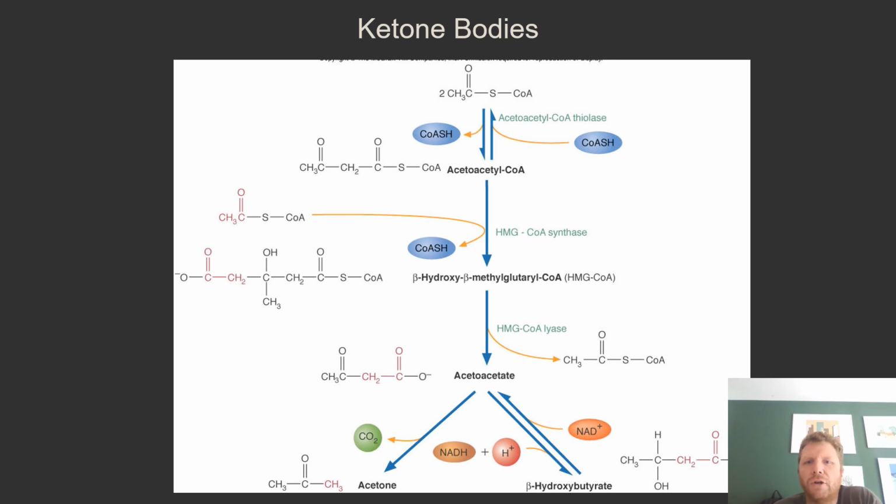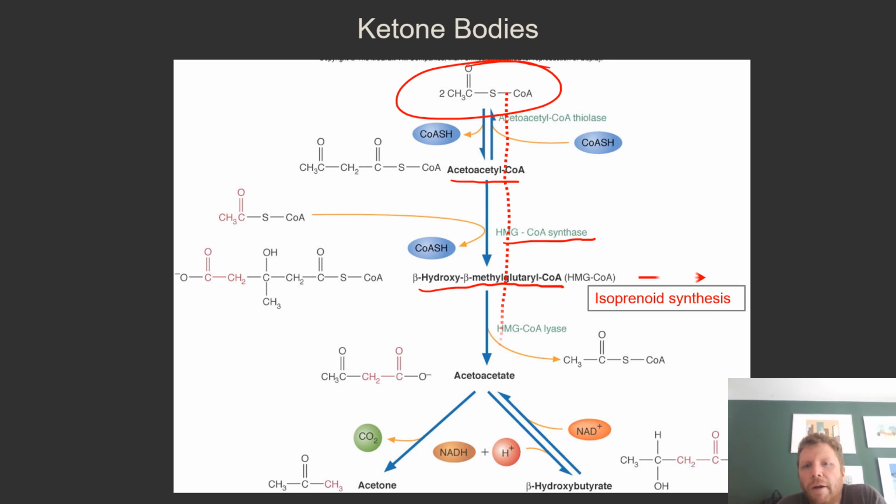Now, what this actually looks like is, let's imagine that this is one of our acetyl-CoA molecules. The enzyme acetoacetyl-CoA thiolase is going to produce acetoacetyl-CoA. HMG-CoA synthase is going to produce beta-hydroxymethylglutaryl-CoA, or HMG-CoA.